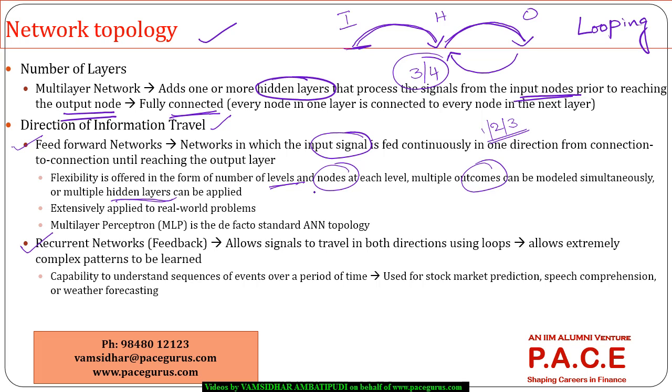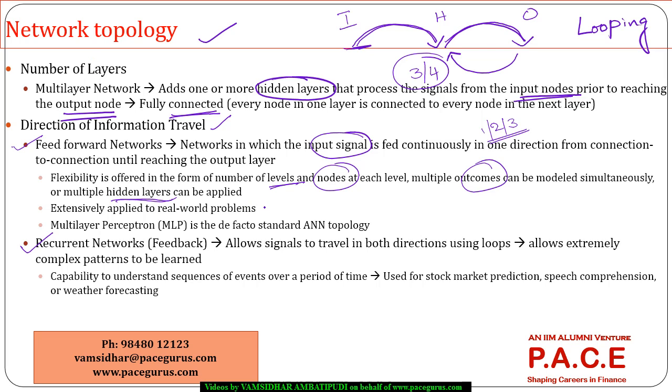All of these are flexible, but whatever the number of layers or the structure, the information moves only in the forward direction in feed forward networks.